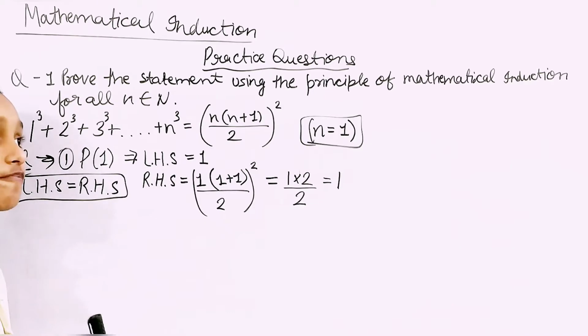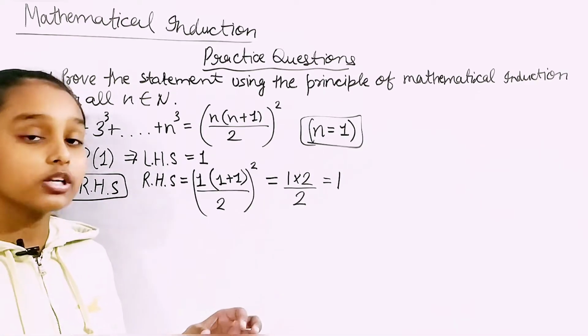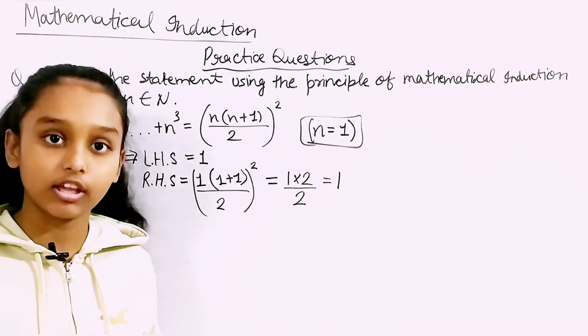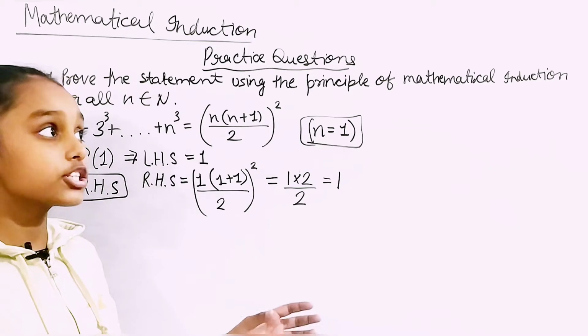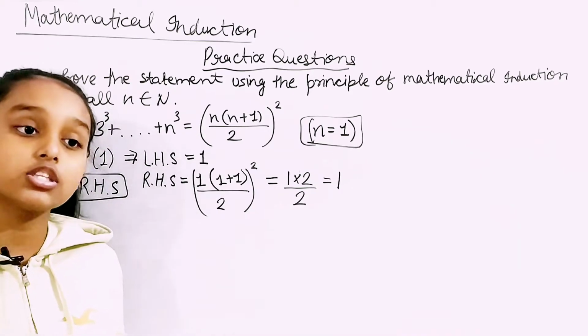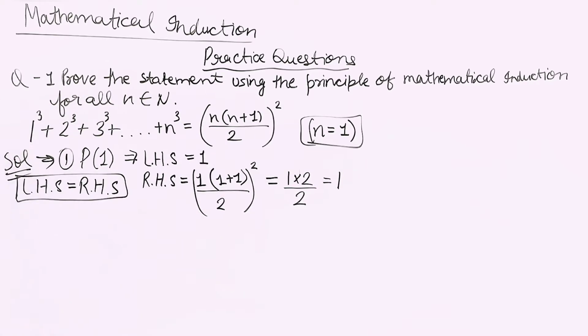Let's take a fixed value, which I'm going to call k. So I'm going to say that n is equal to k. Now next comes the induction hypothesis, in which we take a value for n. Let's take k, so n is equal to k.